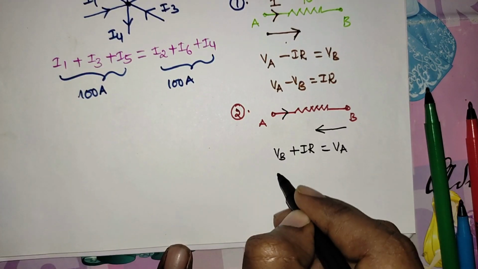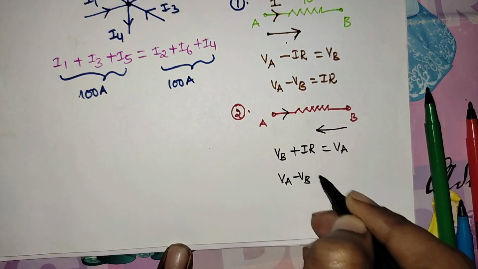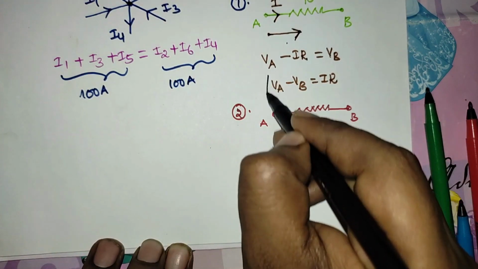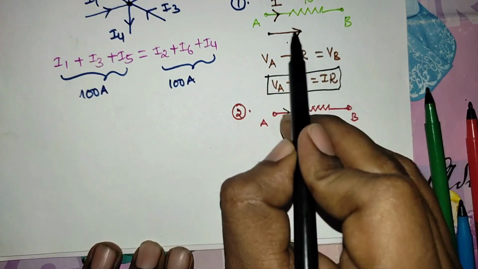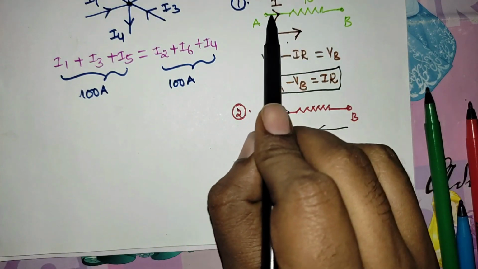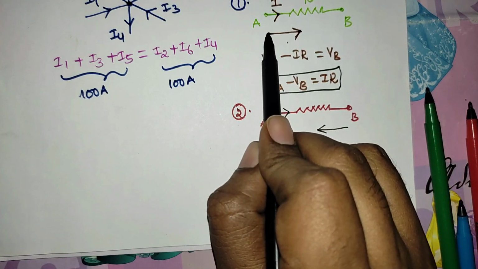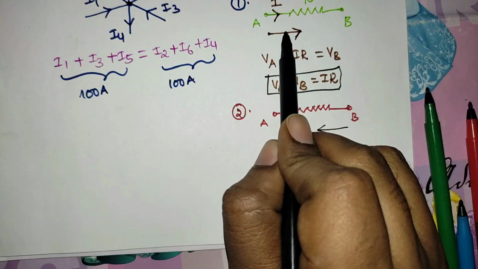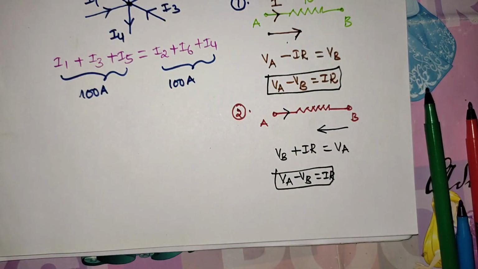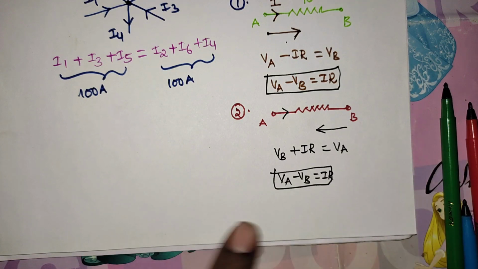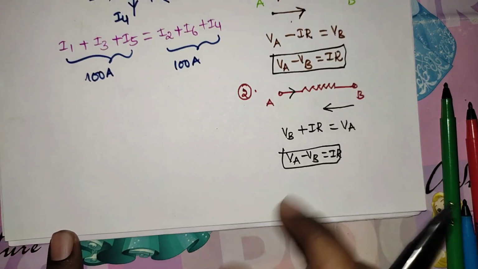Then you can write VA minus VB is equal to I into R. Once again, dear students, observe carefully. When the current direction is from A to B and the loop is also in the same direction, you take it as negative, so VA minus IR is equal to VB. If it is in the opposite direction, it is taken as positive, so plus IR.